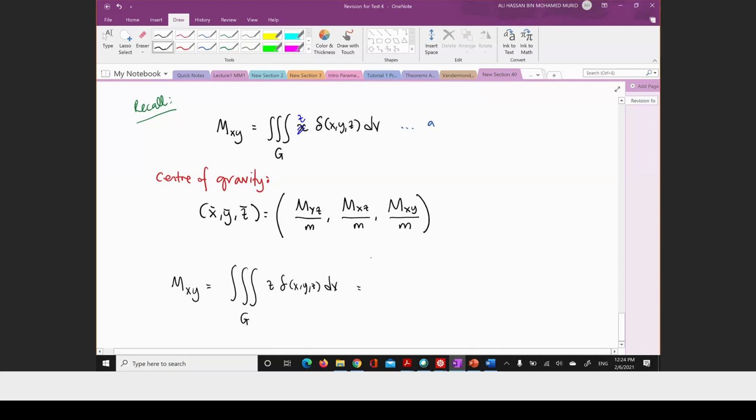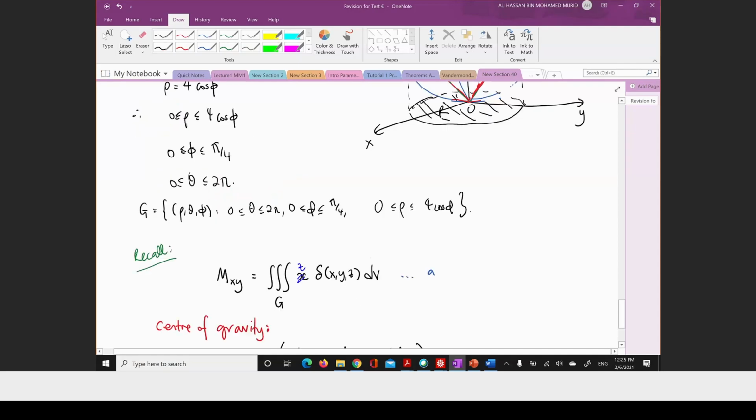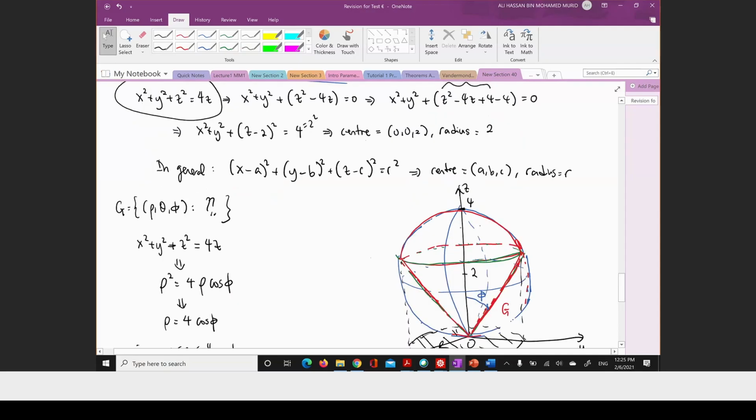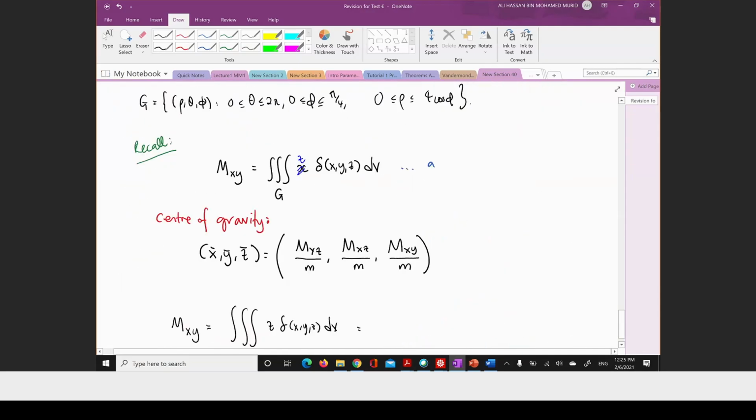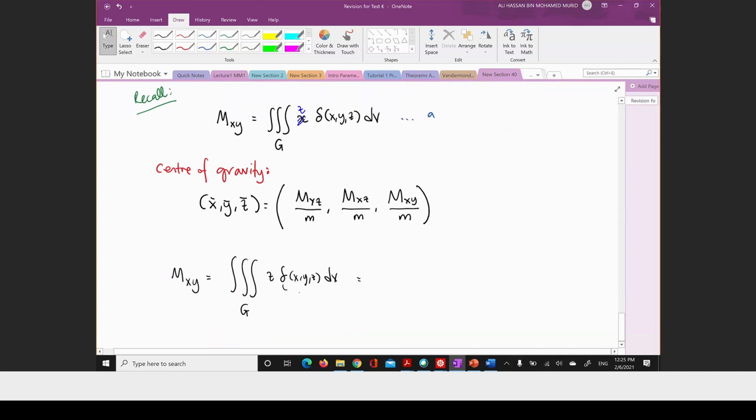What is the density function here? 1 over z squared. So the triple integral is 1 over z of 1 over z dv.